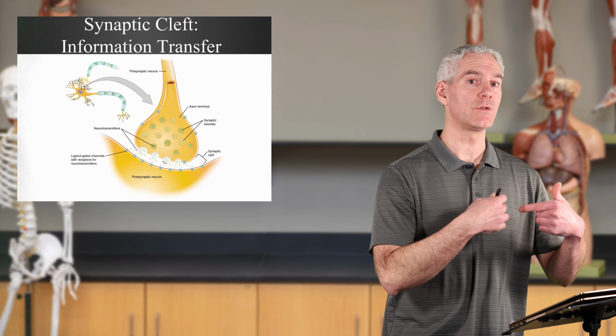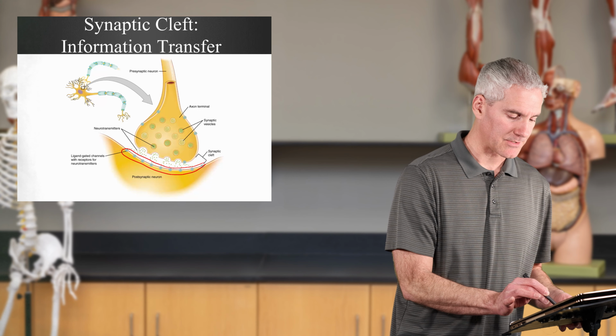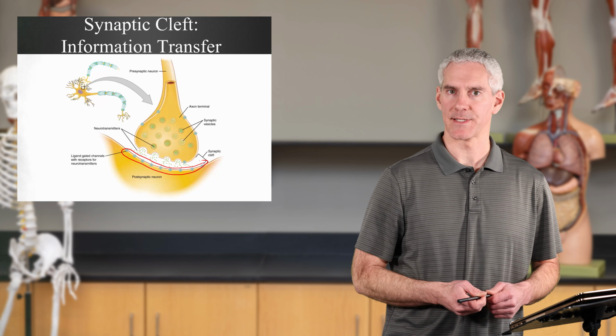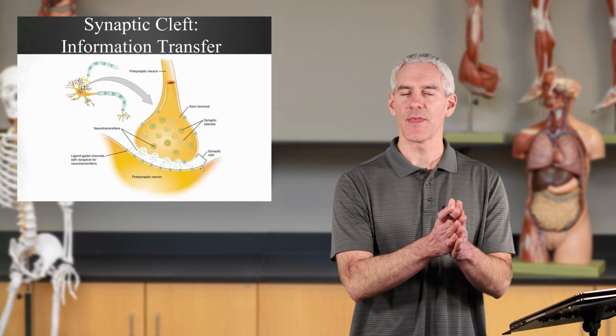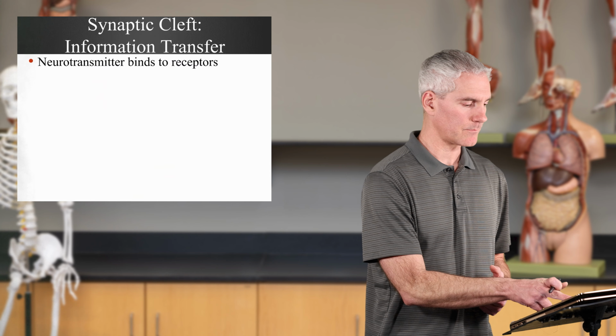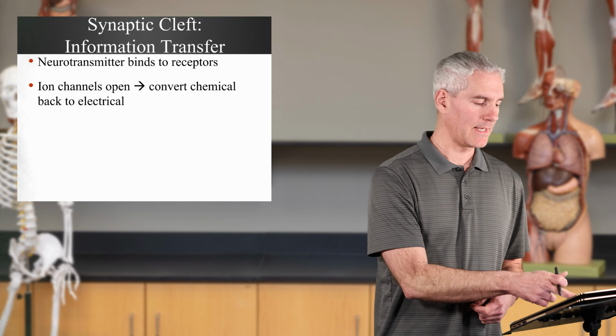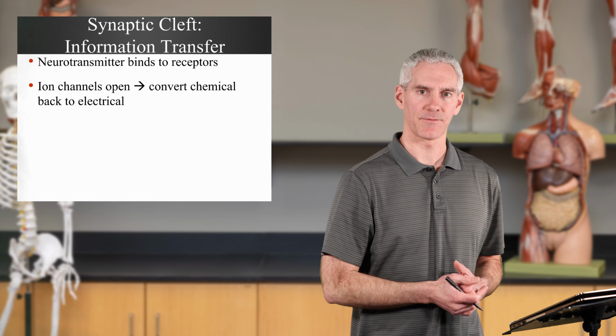Those then diffuse across and bind to these receptors on the postsynaptic neuron. Once bound to the receptors, they then open up the receptors, causing the ions to flow. So once you bind that, the ion channels open, allowing those different chemicals to flow.